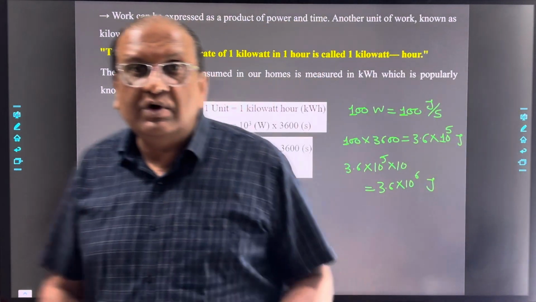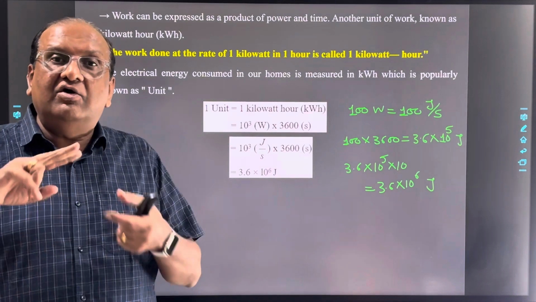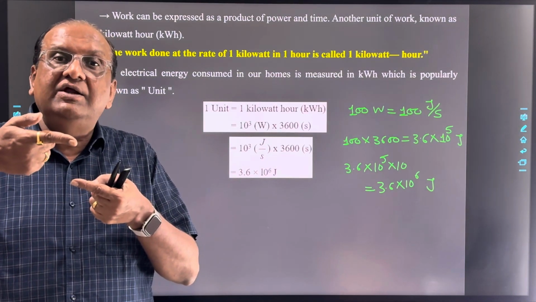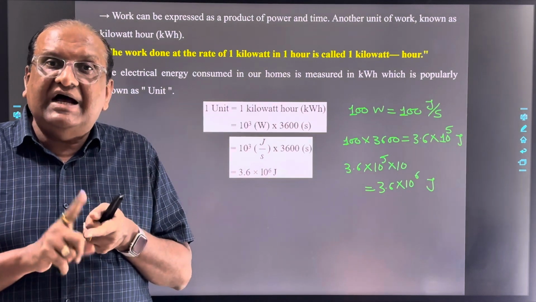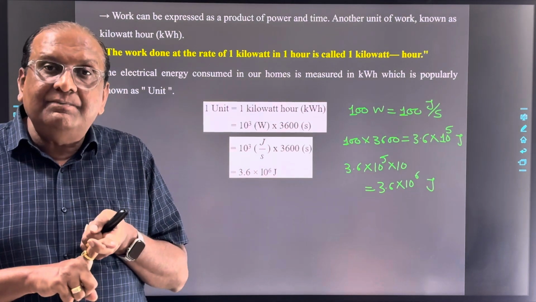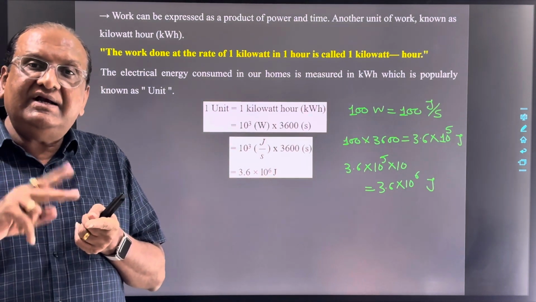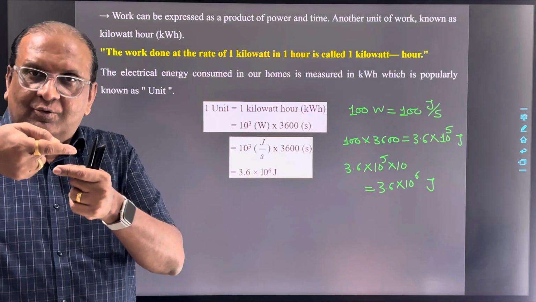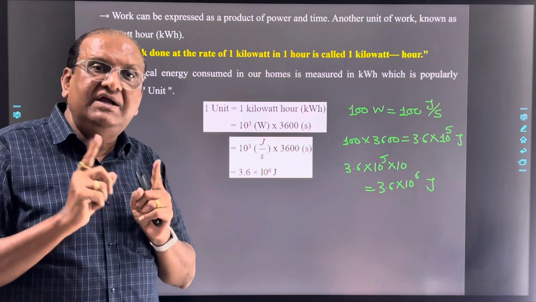That is equal to 1 unit. Means your light bill will increase by 1 unit. Suppose your supplier charges you 10 rupees per unit, it implies that your electric bill will increase by 10 rupees. Clear? So this type of calculation should be in your mind.